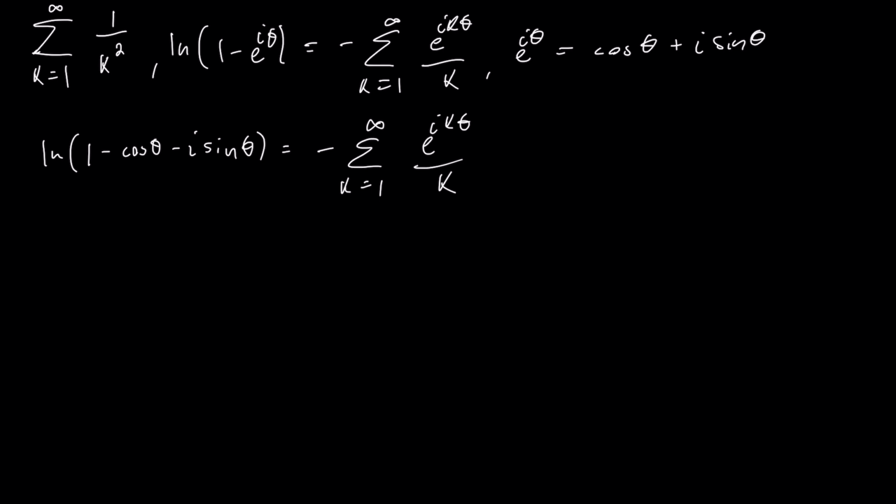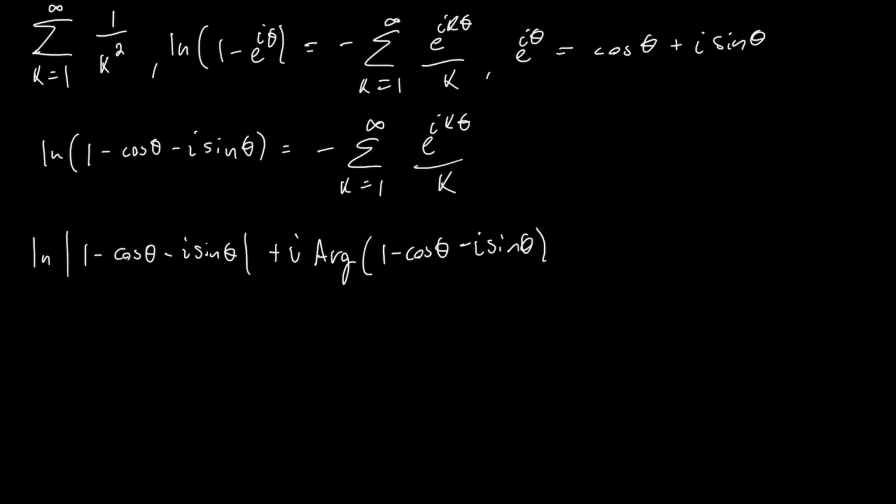And we could rewrite this as the natural log of the modulus of 1 minus cosine theta minus i sine theta, plus i times the principal argument of 1 minus cosine theta minus i sine theta, is negative the sum from 1 to infinity e to the i k theta over k.